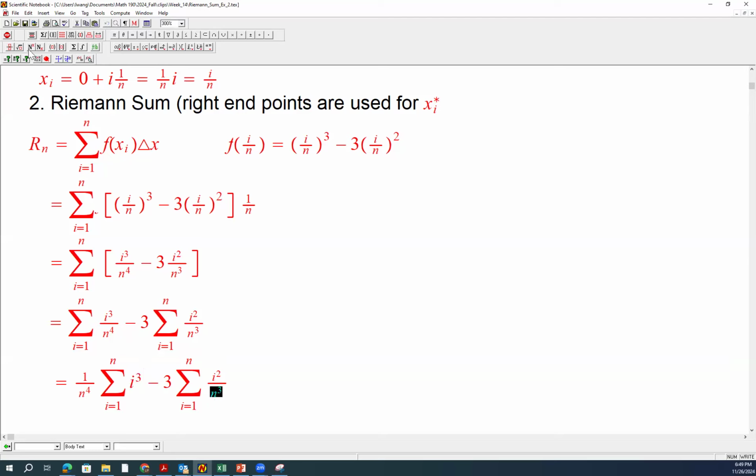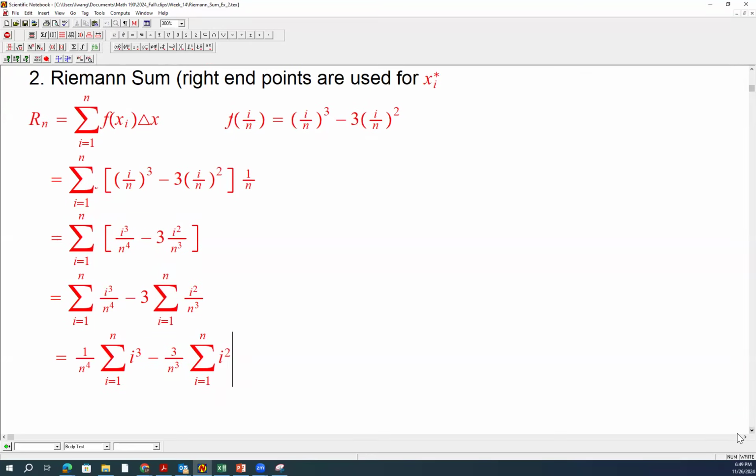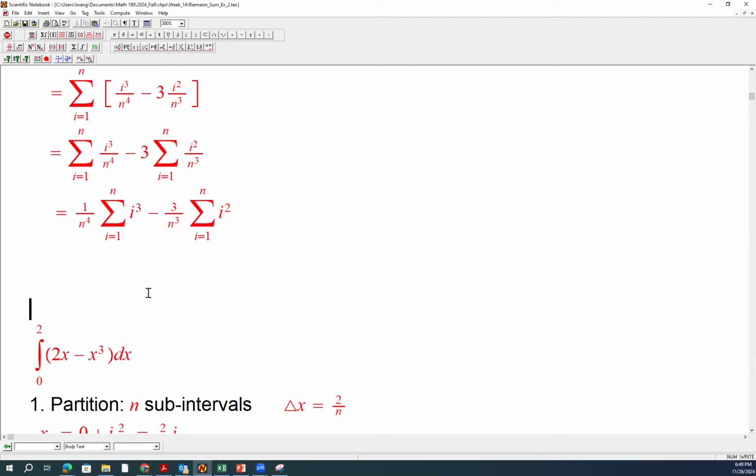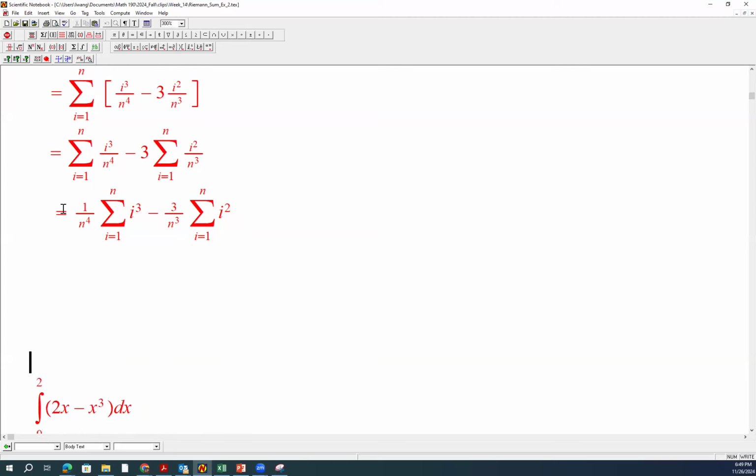The n to the power 3 under, we're going to take it outside, so we just have i squared. And the rest we just put in the formula.